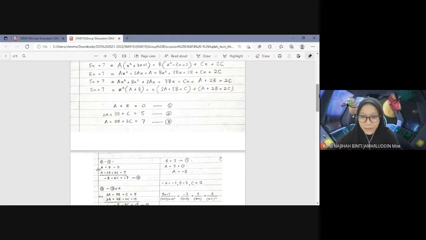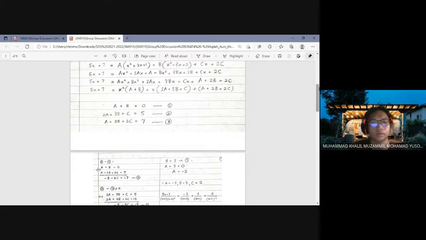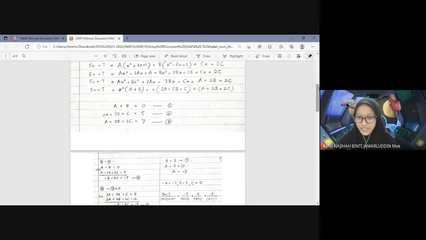So a plus b equals 0. You can see that, right? So it is the first equation. And then 2a plus 3b plus c equals 5. That is equation 2. So for equation 3, we get a plus 2b plus 2c equals 7.